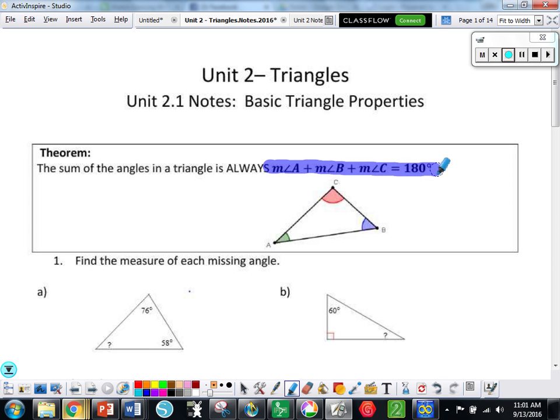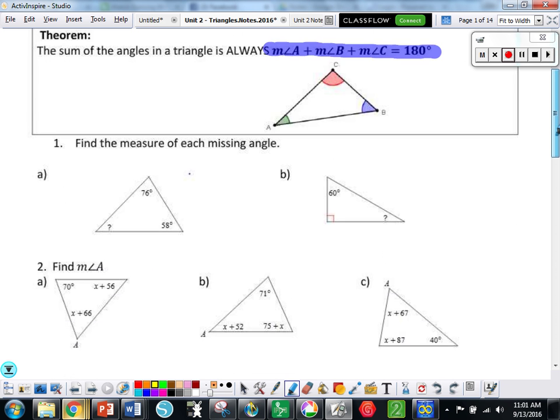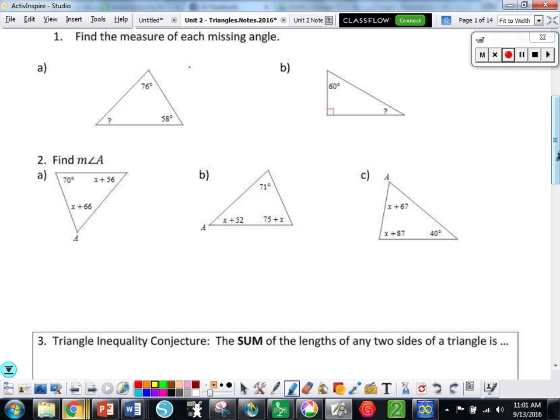180 degrees, which means if I know two angles in my triangle, how do I find the last? We add them together and do what? Yeah, subtract it from 180. So if you don't have a calculator, go get one.